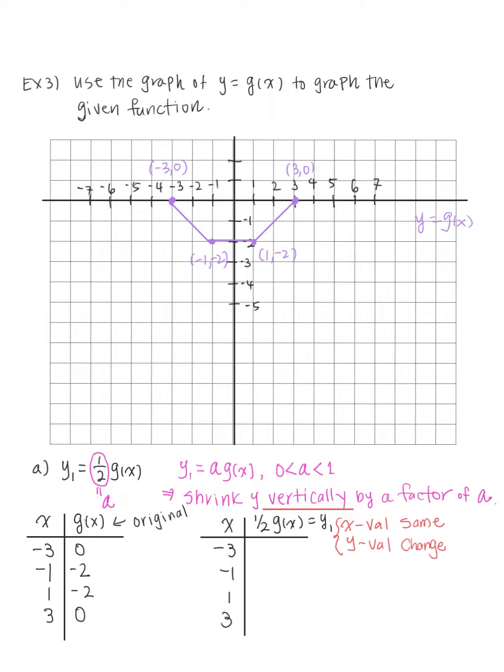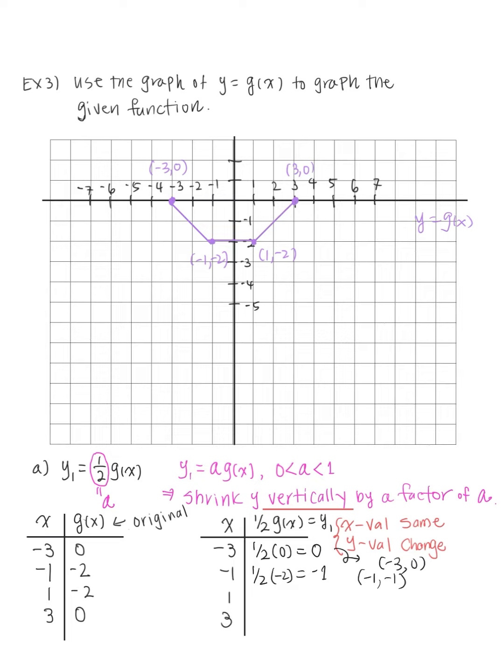So when x is -3, our y1 is going to be 1/2 times g of x. The g of x value is 0, so this is going to be 0, which means that we're going to be plotting -3 comma 0. And when x is -1, our y value is going to be 1/2 times -2, which is going to be -1. So we're going to be plotting -1 comma -1.